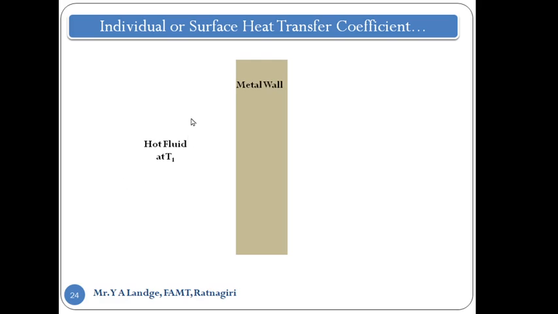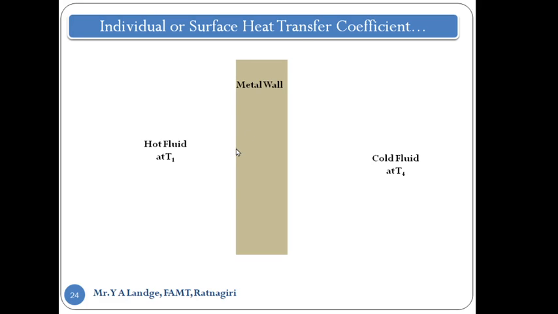On one side of the metal wall a cold fluid is flowing and on the other side the hot fluid is flowing, and there is an exchange of heat between these two fluids.